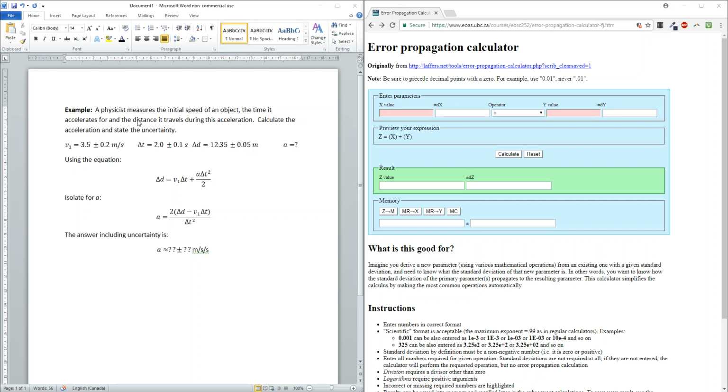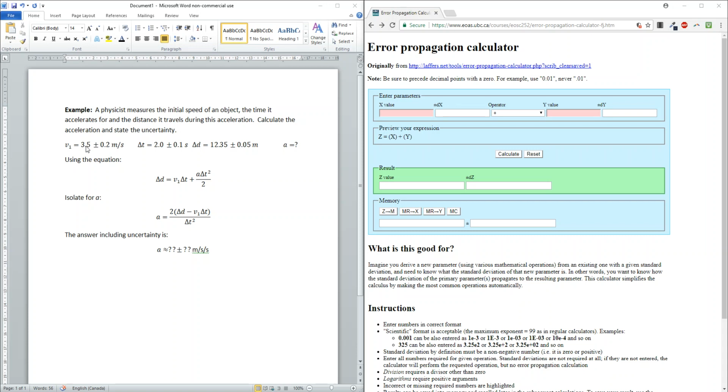Well, when the measurement was done, whatever technique the physicist was using, they determined the speed of the object via ticker tapes; you could use a radar gun, you could use an ultrasonic rangefinder, anything like this. They found it to be 3.5 meters per second.